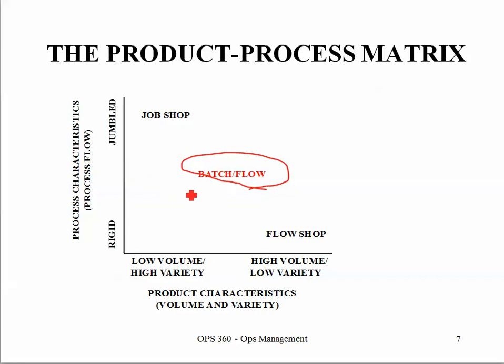And also, what tends to happen in these sorts of operations is instead of flowing individually, like in an auto assembly line, a flow shop, where the cars go individually down the line, in a batch operation, parts move in batches from one operation to the next. So it's not quite as efficient as a flow shop, we'll see, but it has a little more flexibility. It's sort of in between a job shop and the flow shop.